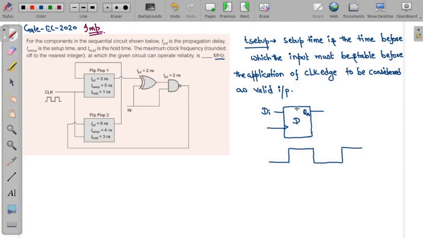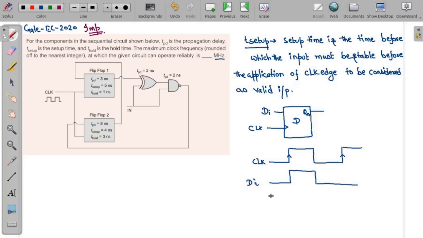So let me assume ideally when it is 0, so if this is my clock, this is positive edge triggered D flip flop, and if my input is something like this, okay, this is the input Di.